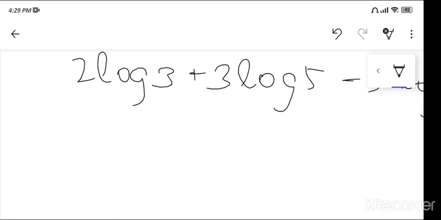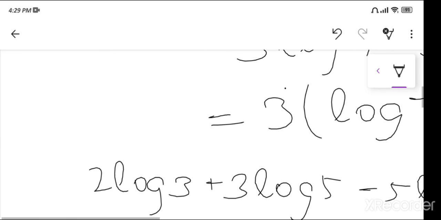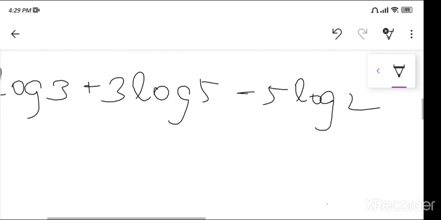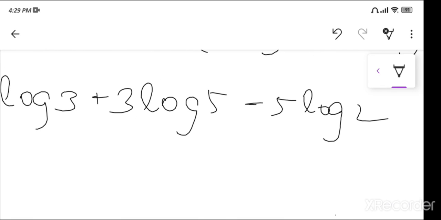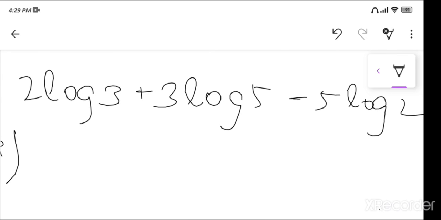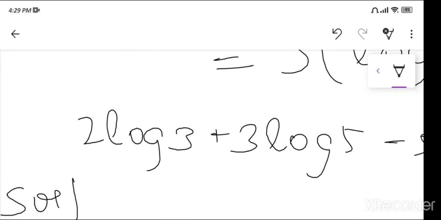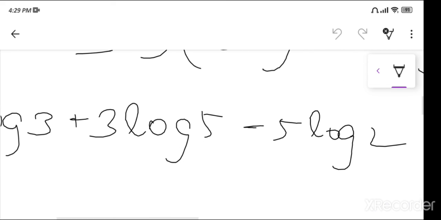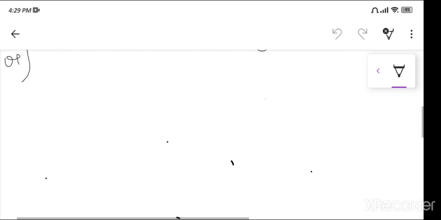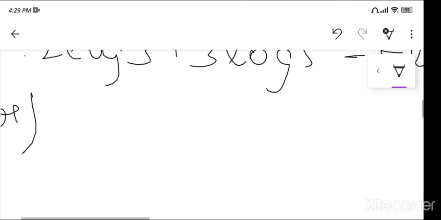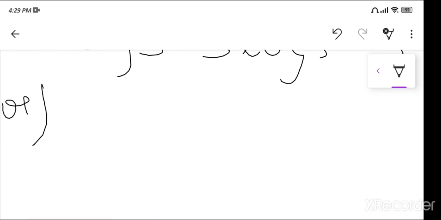What you need to do in this sum is, if you observe, it's already in the expanded form: 2 log 3 plus 3 log 5 minus 5 log 2. He's asking you to get the original form of that, without expanding it.